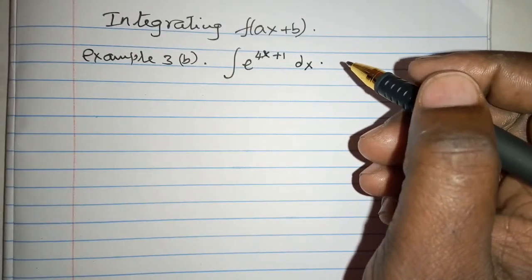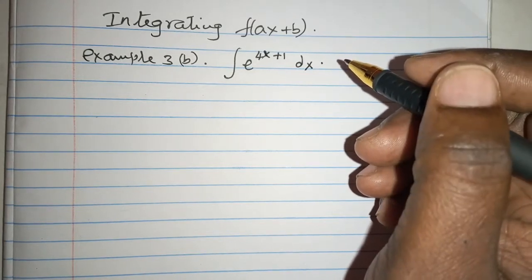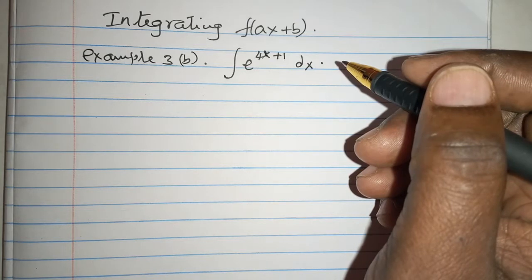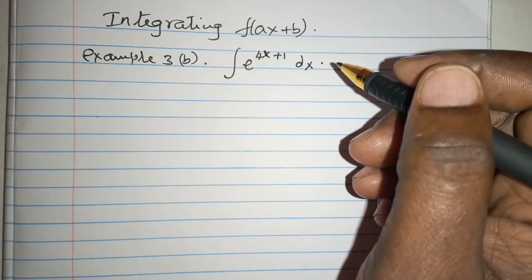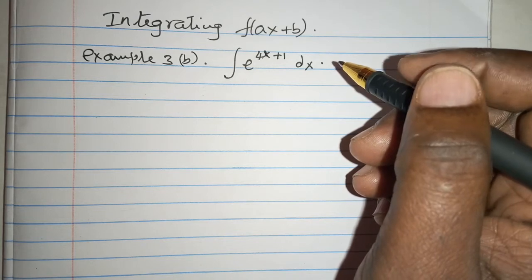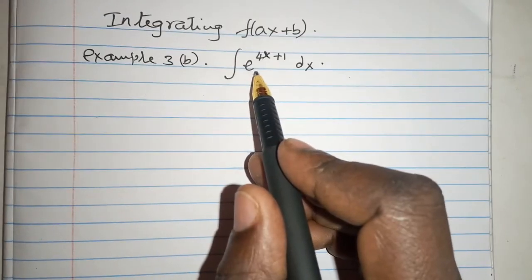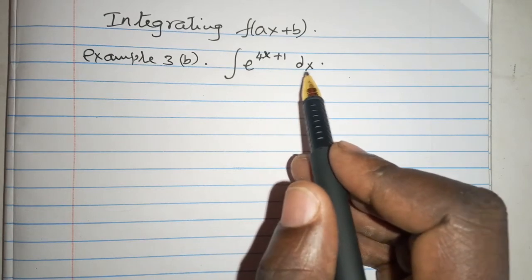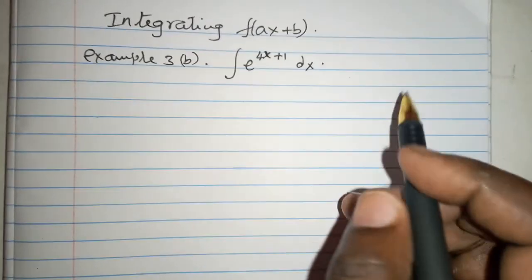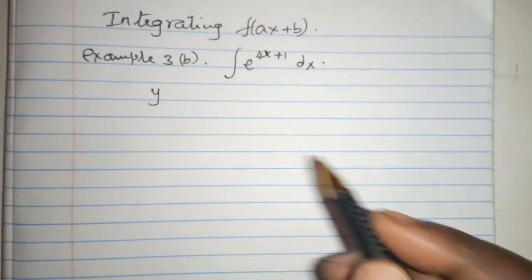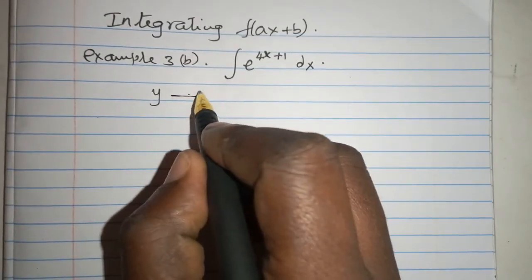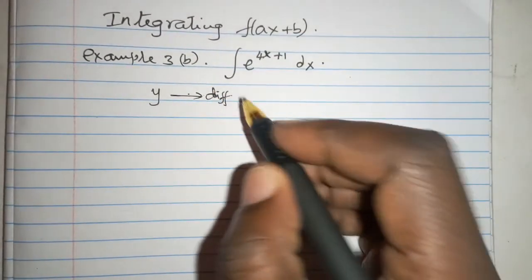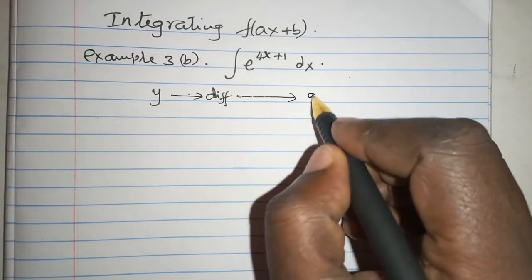And as we have said before, anytime we are integrating a function, we should consider that we are going back to the function. We are integrating a gradient that takes us back to the function, simply because if we had a function y and we undertake differentiation, we get the gradient.